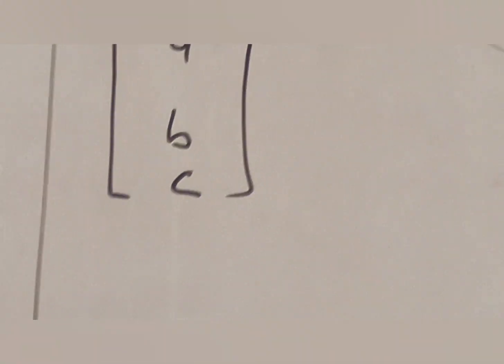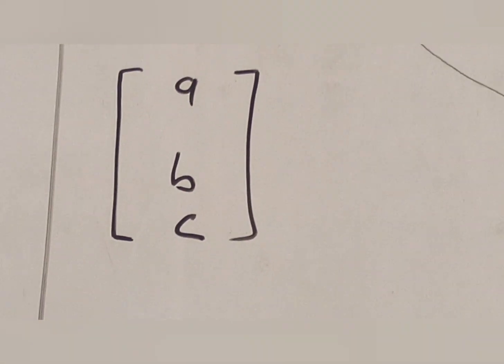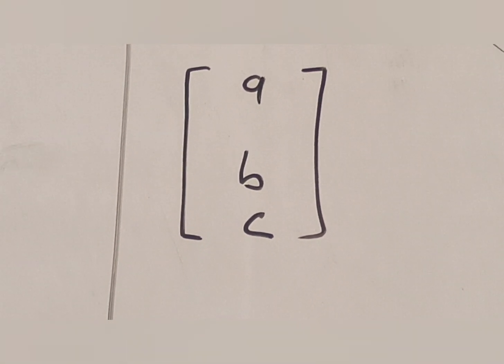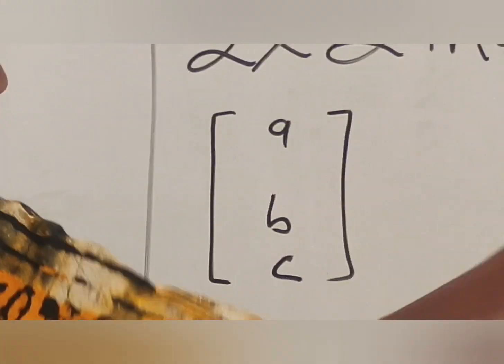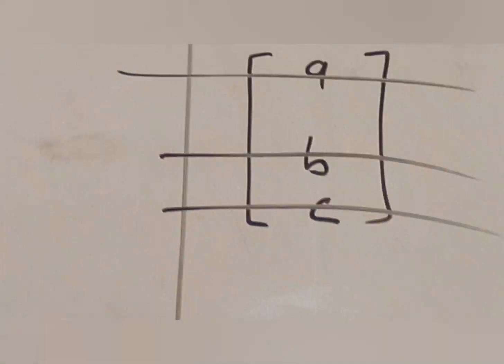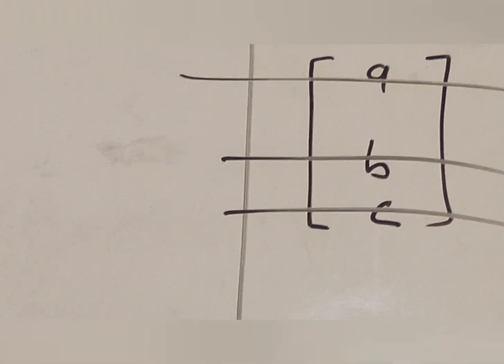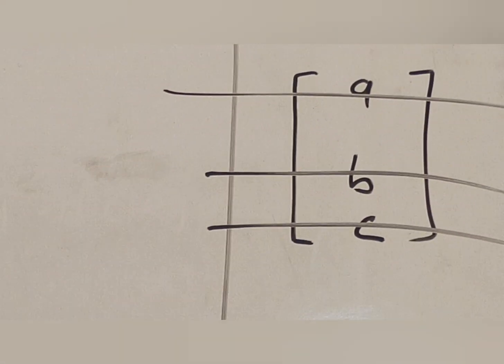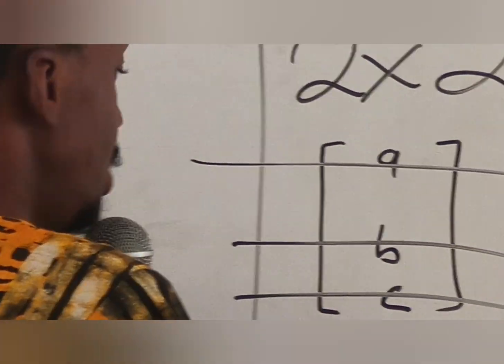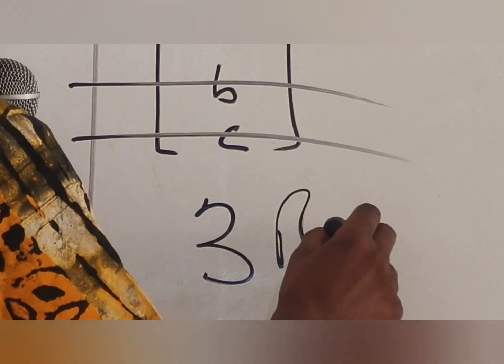Stop writing and watch. How many rows does this matrix have? If I'm moving from left to right, I'll go 1, 2, 3, 4. How many times will you move from left to right? I'm going 3 times. So 3 rows.